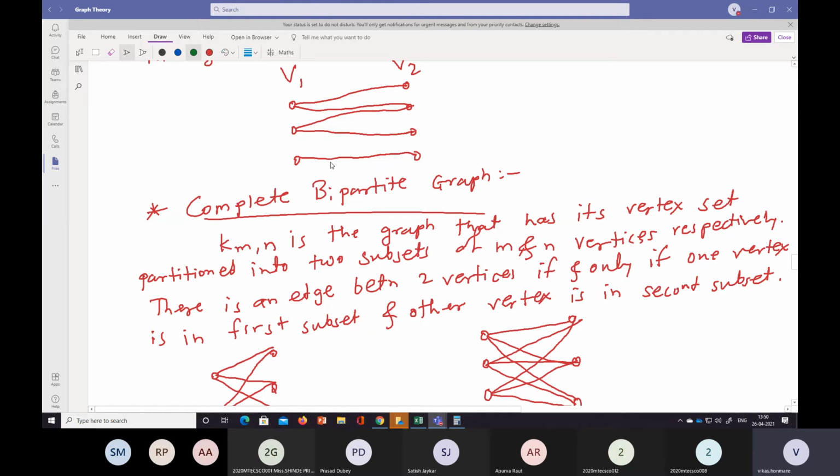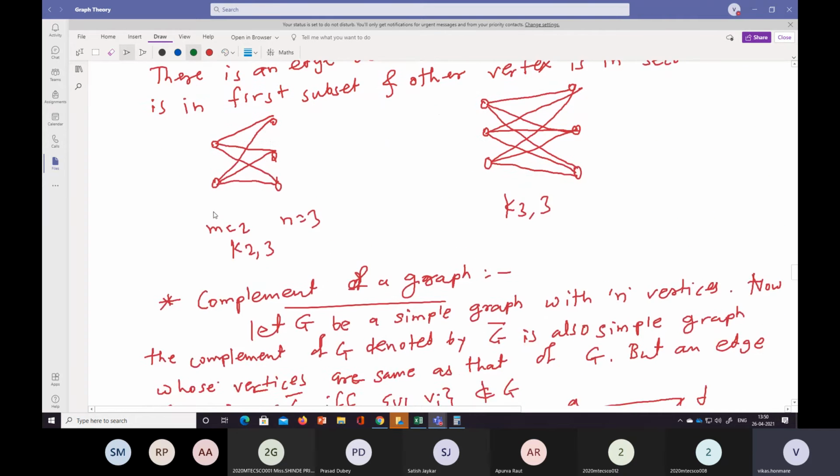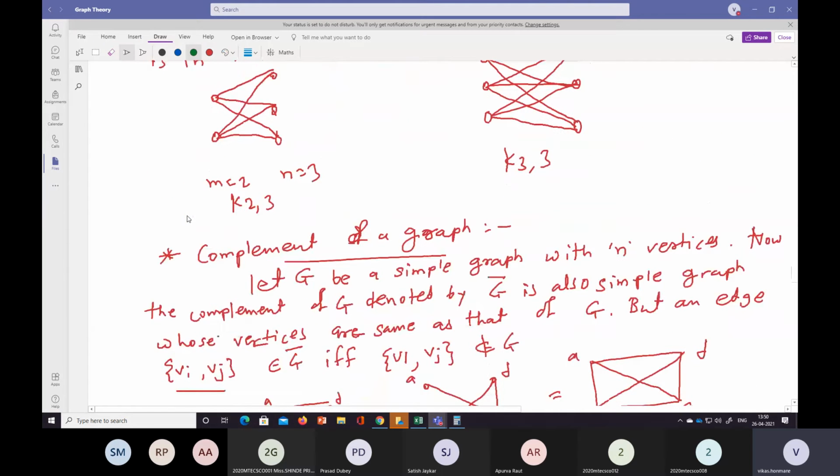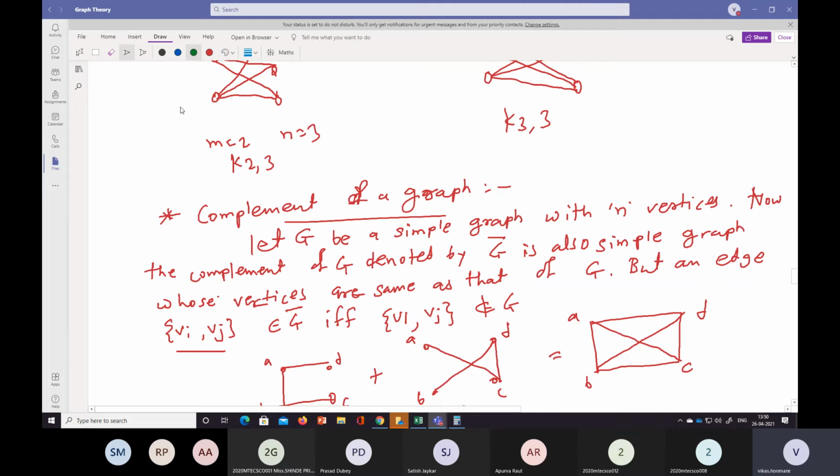That means all the edges between one subset and the other are present. It is called a complete bipartite graph. A complete bipartite graph can be represented by K2,3 or K3,3 based on the number of vertices in each subpart. Okay, then, any doubt?